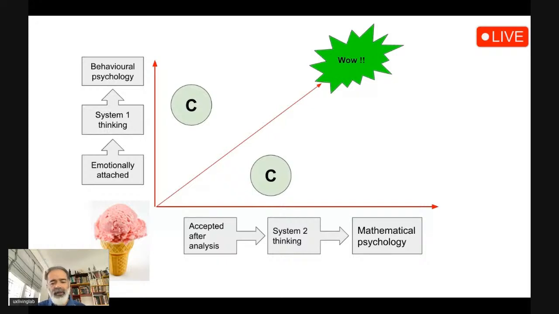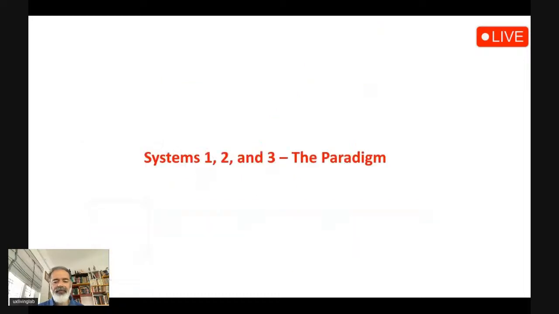So this is the context we are going to analyze. How consumers think in system 1 and system 2. And there is one more, system 3. So we are talking about system 1, 2, and 3, the paradigm, the model of system 1, 2, and 3 thinking. Think about any product you talk about, maybe not only ice cream, think about banking, insurance, airlines, bikes.